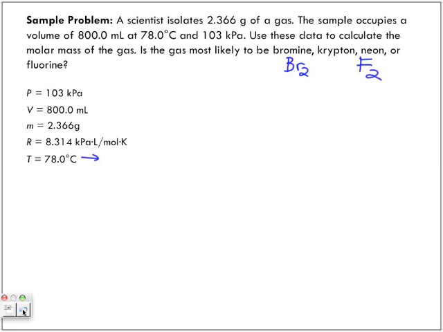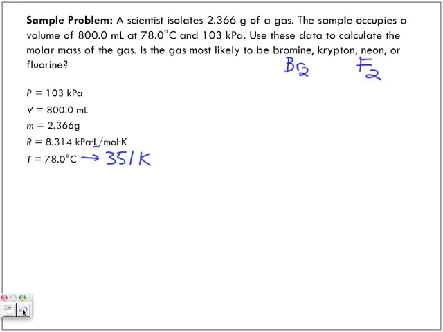Okay, so our temperature, we know, 78 degrees Celsius to Kelvin works out to 351 Kelvin. The other set of units that need to be converted are what? Volume, right? Because we always want our volume in liters. And here's the hint. If you look at your constant, notice how your constant includes liters.